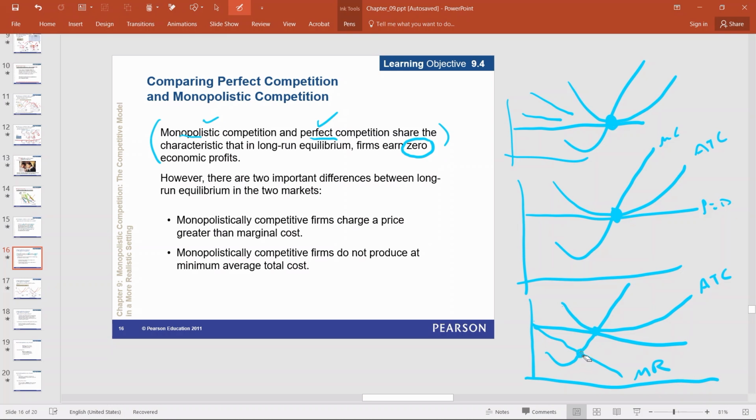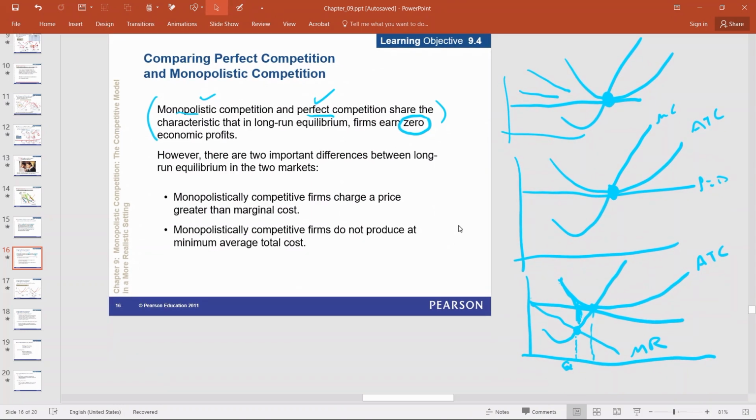So if we take a line and make this touch, so the firm even doesn't make profit in the long run in monopolistic market, we still have quantity level lower than the minimum average total cost.